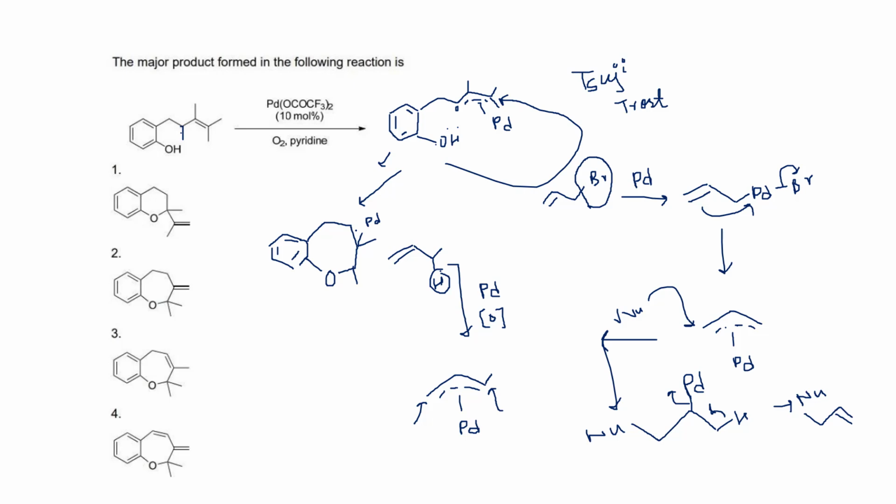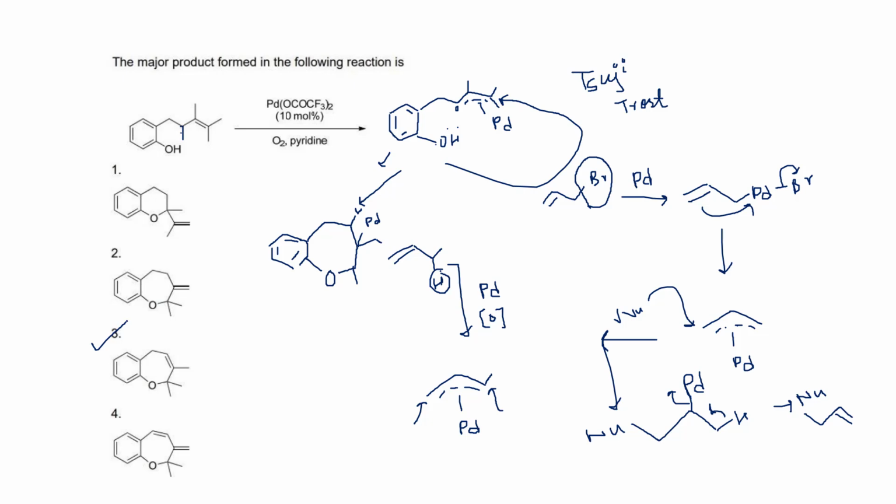Now there are two possibilities, one H is here, one H is here. So one H can be eliminated from this place or this place, generating a double bond. Now if you eliminate an H from here, the generated double bond is more substituted than that of this one. So the H will be eliminated from this place, giving the correct option as option C. Correct option is option C.